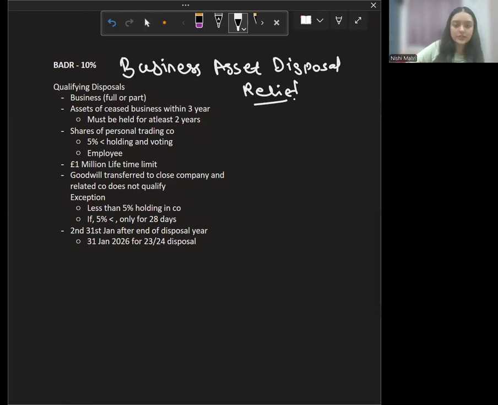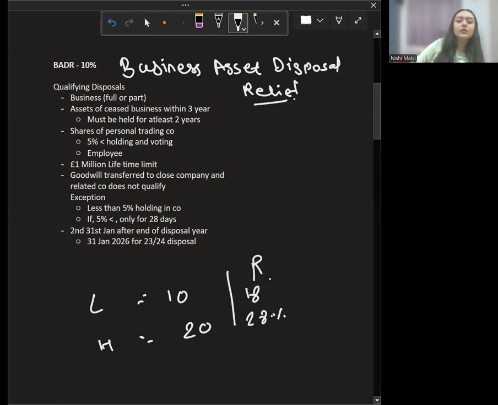Qualifying conditions we'll discuss, but for now, whichever band the person is paying tax in, it doesn't matter. The gain on the qualifying disposals will be chargeable at 10% only. Otherwise, the CGT rate for lower is 10%, for higher it's 20%. For residential, it's 18% and for higher it's 28%. If the asset satisfies the business asset disposal relief conditions, then the gain will be chargeable at 10%.